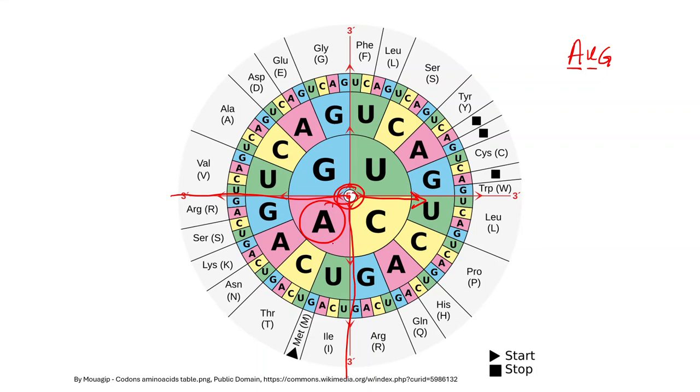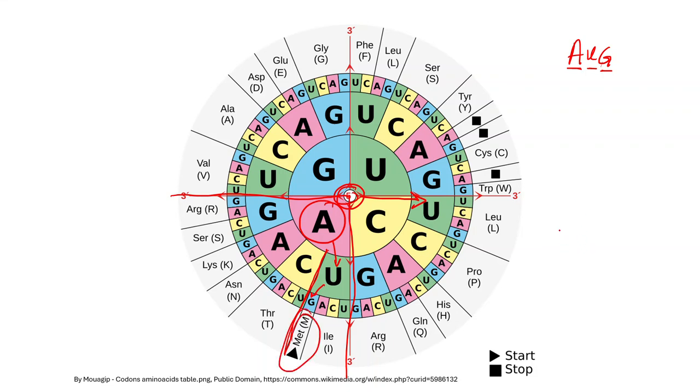So we need to work our way out, and we see the U is here. So now we are restricted to this section, which is all of these codons, AUG, AUA, AUC, AUU, will be found outward from here. Then our third base is a G, so we would look and find that our third base right here is the G, which means that this is our amino acid.